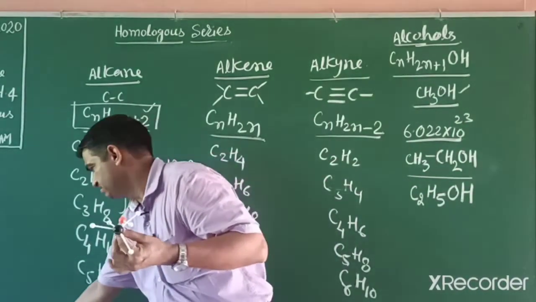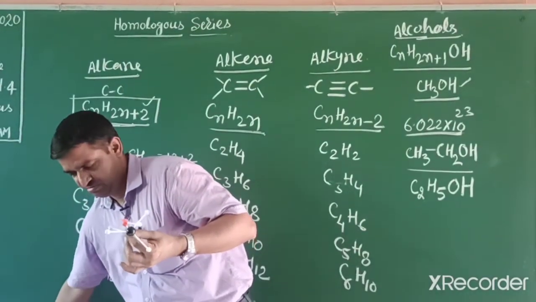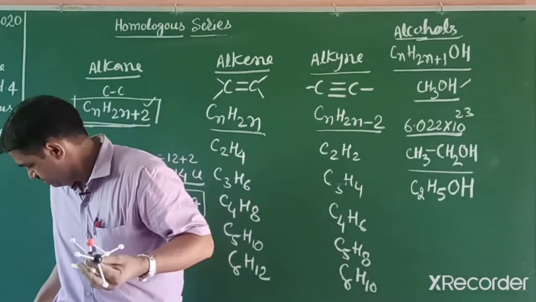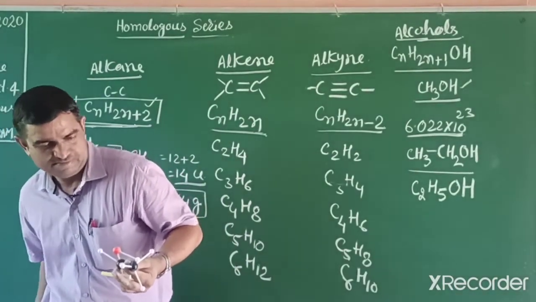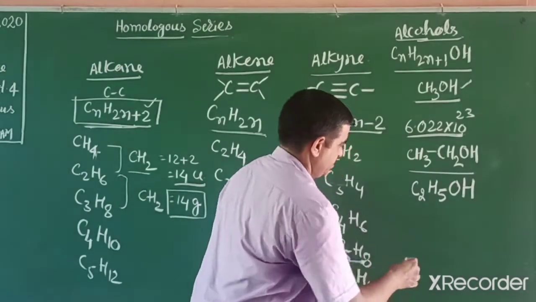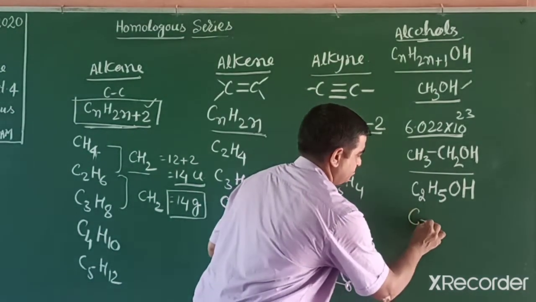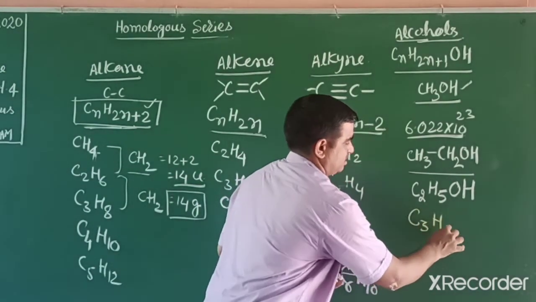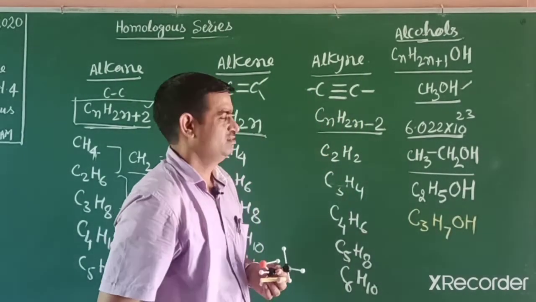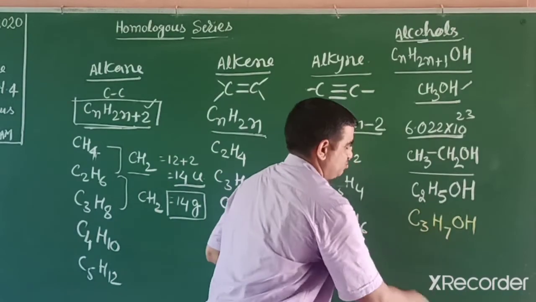Next member, we can write C3H7OH. Why? You only have to add CH2.